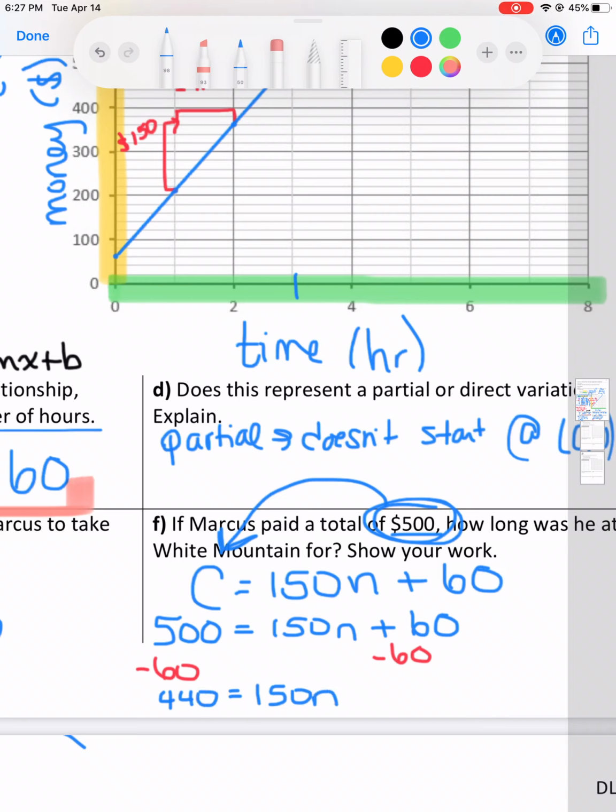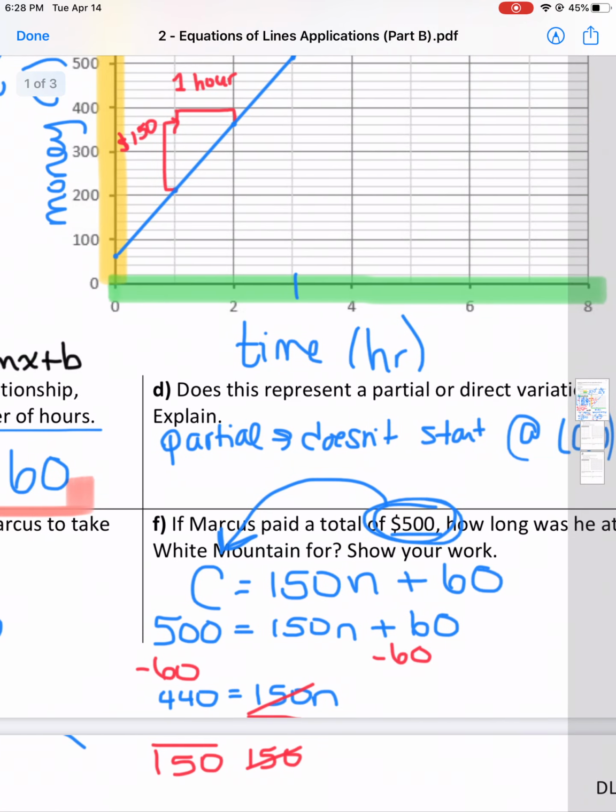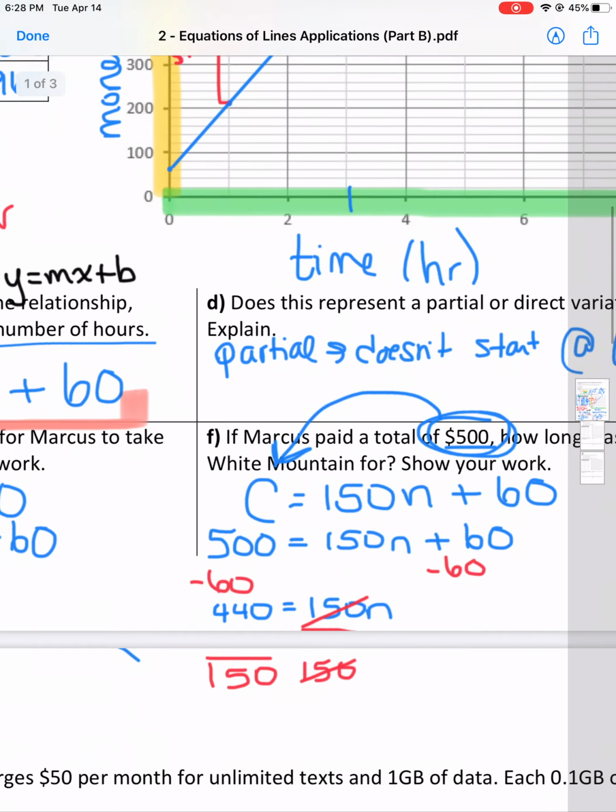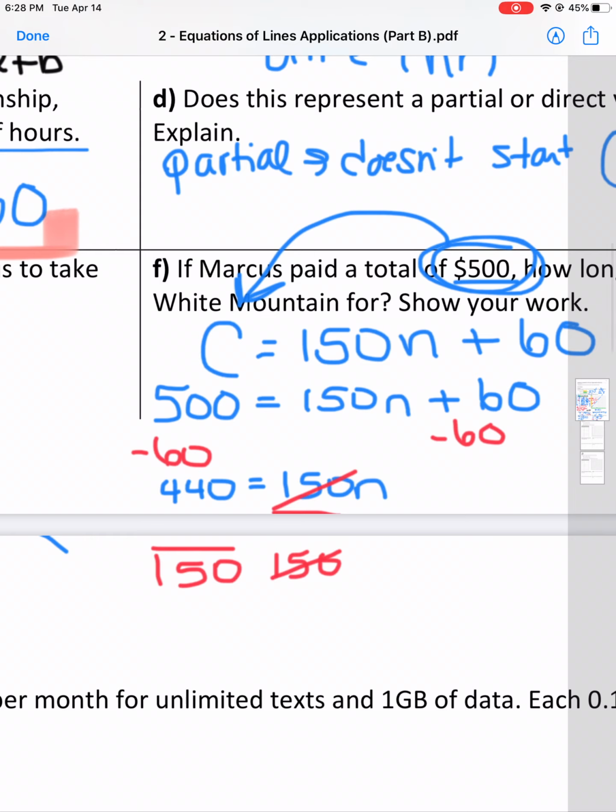How do I get n by itself? I have to divide. I'm going to go on the next page. Divide by 150 on both sides. I'm just going to go down here.